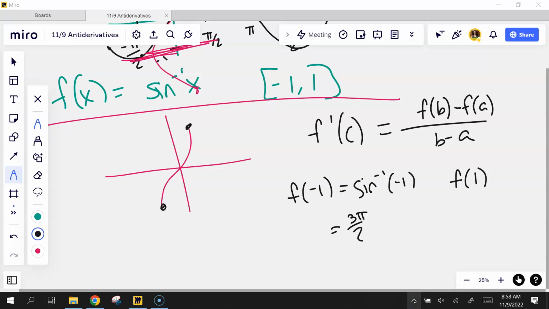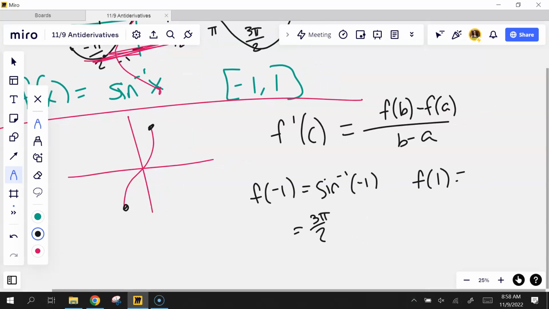Are y'all following me? Now, where is sine positive 1? Does the inverse change what? Well, it's not the sine of -1.